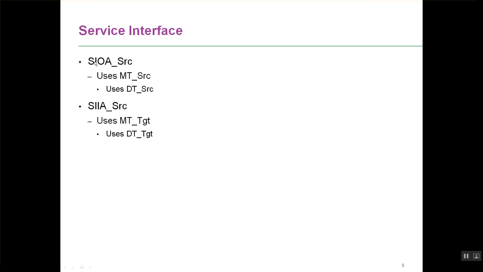Then you would define two service interfaces, one for the sending system and one for the receiving system. SI_OA, what does this mean? SI stands for service interface, O stands for outbound, A stands for asynchronous. Same way, SI stands for service interface, I stands for inbound, A for asynchronous.